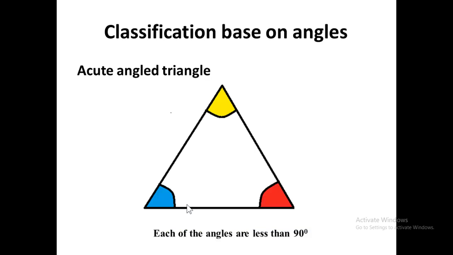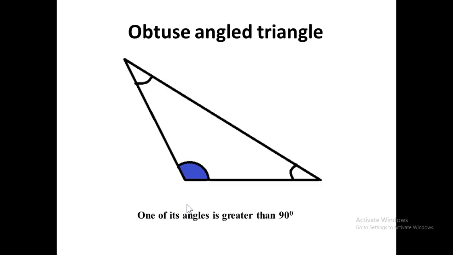Then we have classification based on the angles the triangle possesses. The first one is the acute angle triangle, where each angle in that triangle is less than 90 degrees. Then the obtuse angle triangle, where one of the angles is greater than 90 degrees.